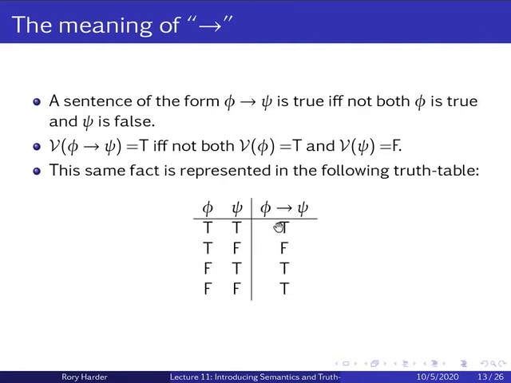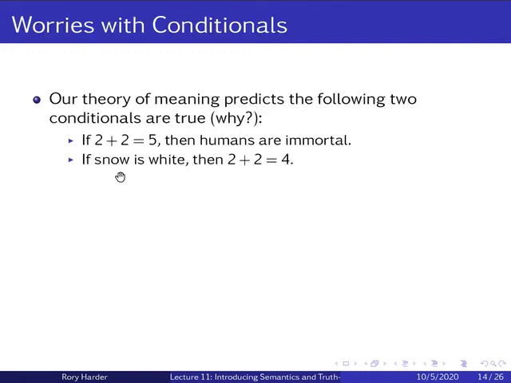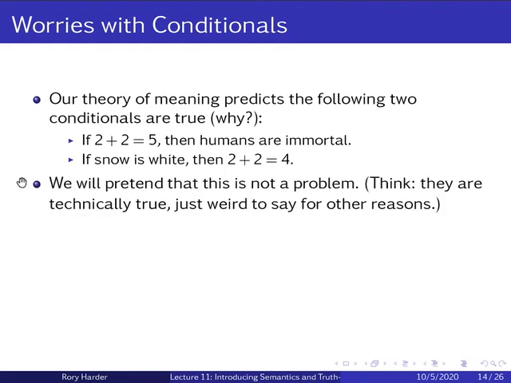And that again is because, according to our theory, the only case in which the conditional is false is when the first part, the antecedent, is true, and the second part, the consequent, is false. And in all other cases, the overall claim is true. And that includes both of these cases here, despite how strange they are.